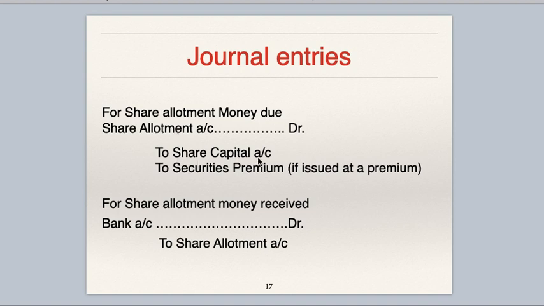Share allotment account debit to share capital to securities premium. If company asks shareholders to pay more than face value, then the excess is known as securities premium and it is to be transferred to securities premium account. And when allotment money is received, your entry is bank account debit to share allotment account.